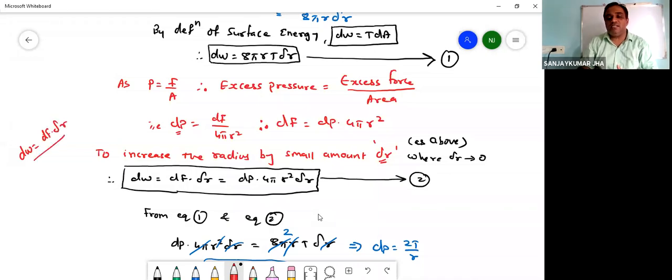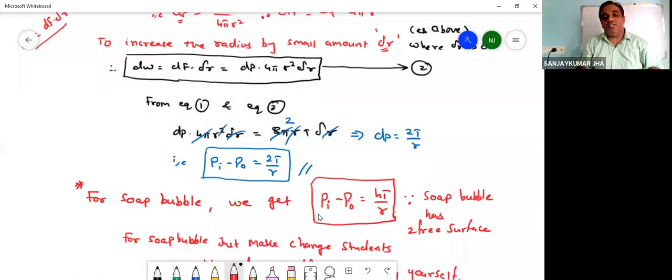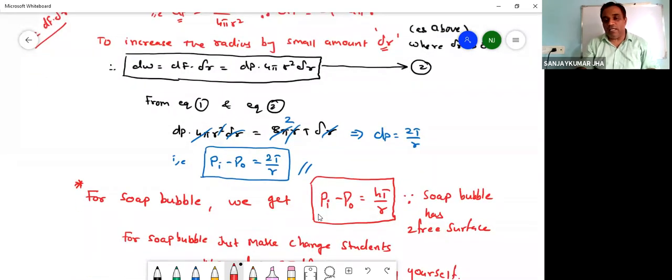Substituting the value, you get dW equal to dP into 4 pi r square delta r. That's our equation number 2. So see students, this is dW from equations 1 and 2. Just equate them and cancel out the common terms, and you get dP is equal to 2T upon r.